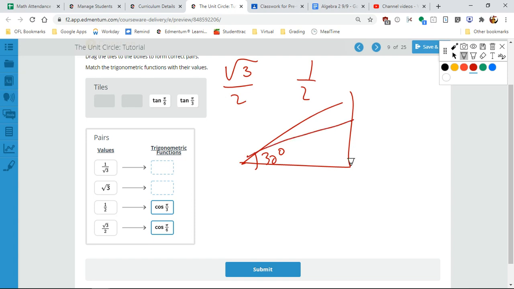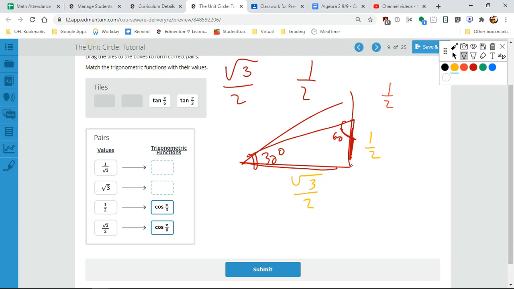Short angle, short side. Big angle, 60 degrees, big side. Our short side would be 1/2, and our long side is this. So when we're talking about this, our opposite is 1/2.